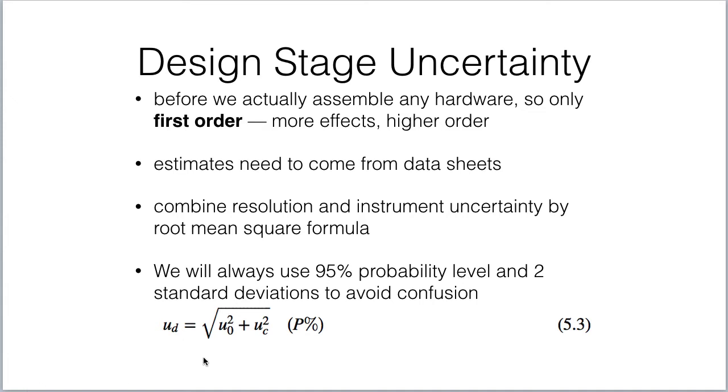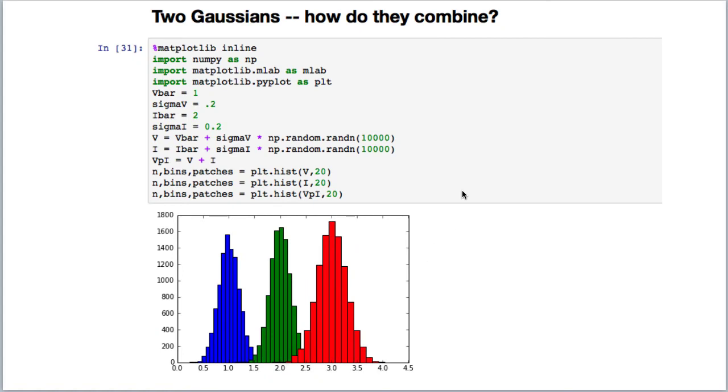Now, with 2 Gaussians, let's follow this along and see why we're taking this root mean square type approach. If we have 2 Gaussian distributions, we've done some simulations and we know that when we combine 2 Gaussian distributions to get a 3rd Gaussian distribution, we don't get one that's as wide as the 2 of them put together, that width plus that width.